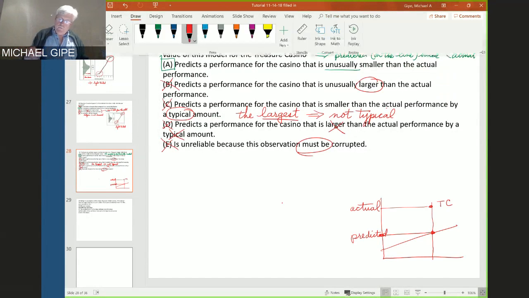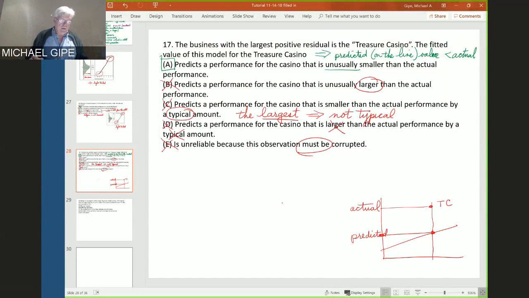So I'll just put some notes down here, maybe. A positive residual means that the actual data is larger than the model predicts.